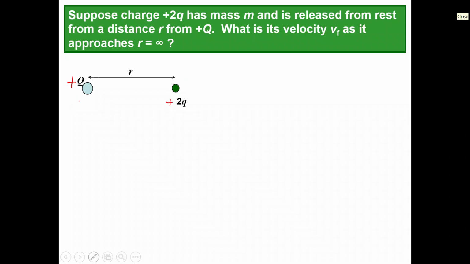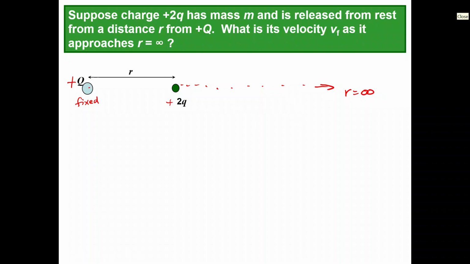We are assuming that the positive q is being fixed in place. It doesn't specifically say that, but that's what's being implied. So this one is going to get accelerated away, and we want to figure out when r is infinity, how fast is it moving? We do have to assume that it's fixed in place, otherwise it would get very complicated because they're both moving and the distances. Oof, we don't want to do that.